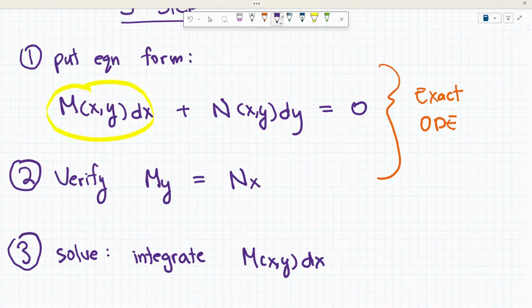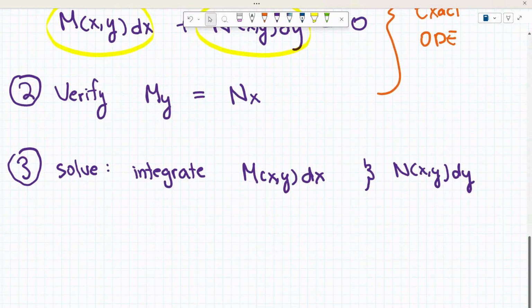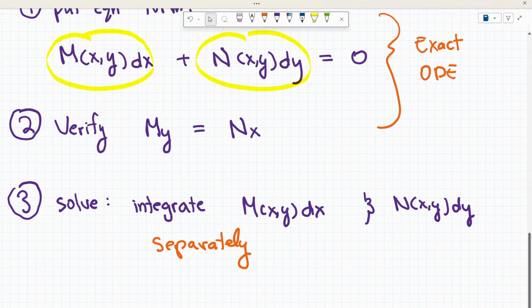And then we also want to integrate our second part, our N of x, y dy, which you can see is right over here. And we want to integrate both of these separately. That's the key thing here: once it's in this format, instead of completing one longer, more challenging integral, we just have to integrate these separately.